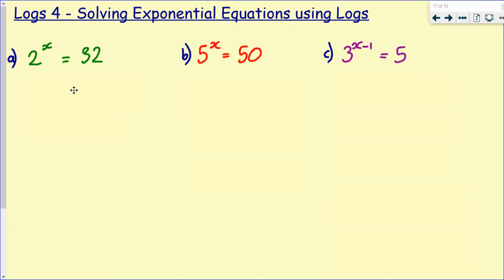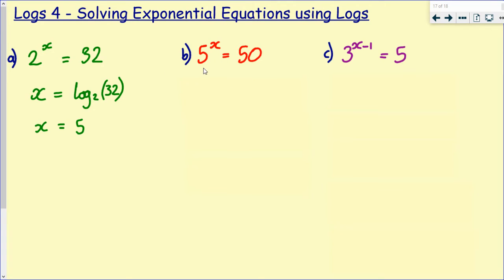So we can just rewrite this as the following expression. What is the power that I have to raise 2 to get 32? Well, that will be the logarithm of base 2 brackets 32. That's going to be my answer. We can either type that into a calculator or just do 2 times 2 times 2 times 2 times 2, and realize x is 5. 2 to the power 5 will give us 32.